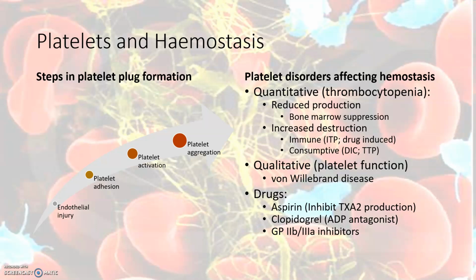And some of these conditions we will discuss in more detail in a later talk. You can have qualitative problems with platelet function. Probably the one that we know best is von Willebrand's disease. And we need to know a little bit about certain drugs that inhibit platelet plug formation or platelet function, particularly aspirin, clopidogrel, and the glycoprotein 2B3A inhibitors.